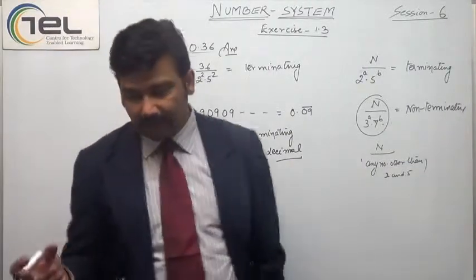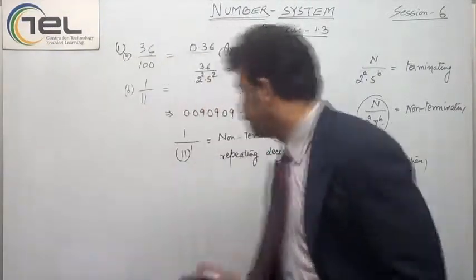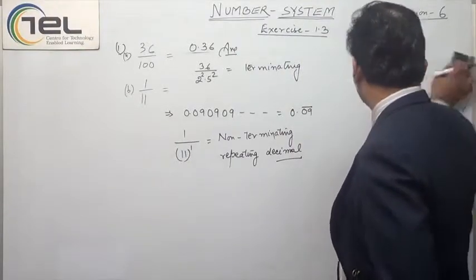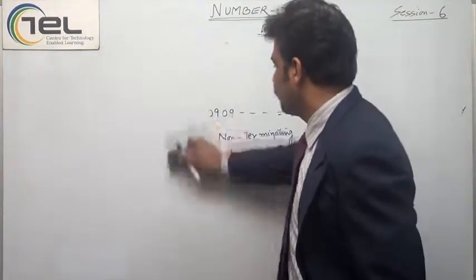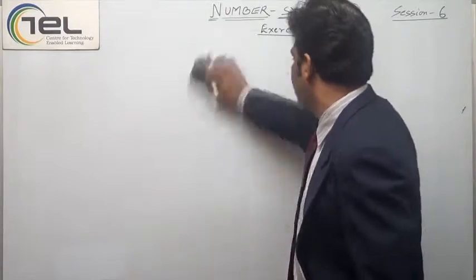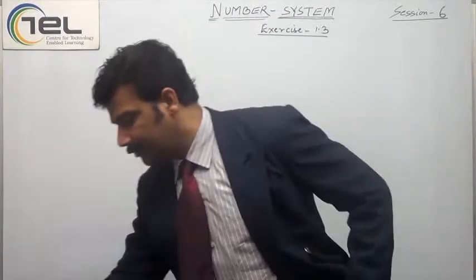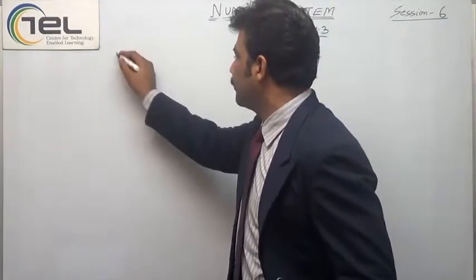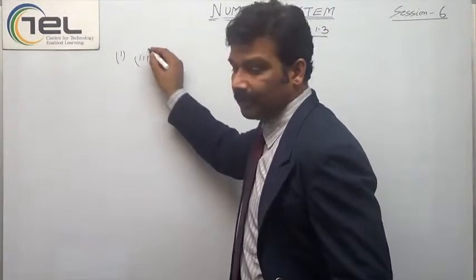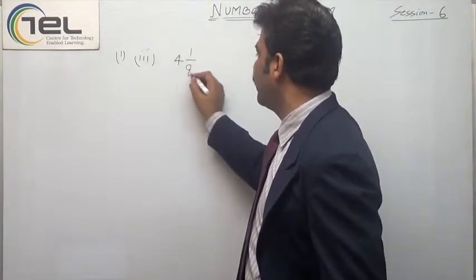Okay, let's see other examples that I would like you to do yourself. Let me take one more part of question number 1, the third part, which is 4 whole 1 by 8.